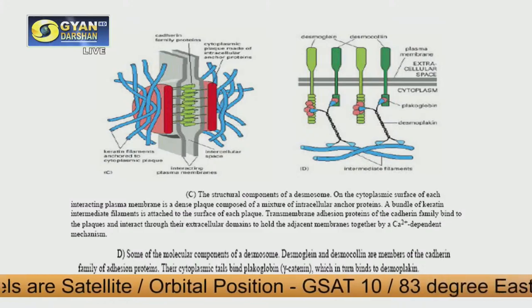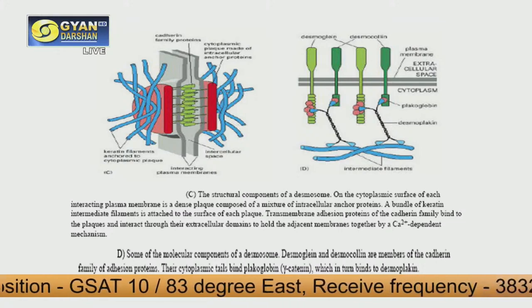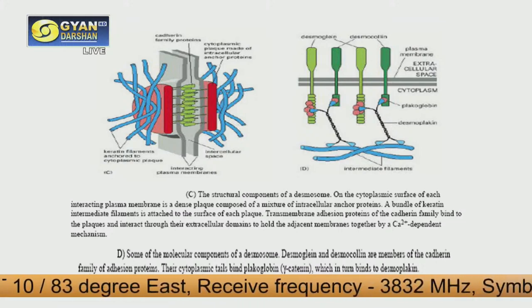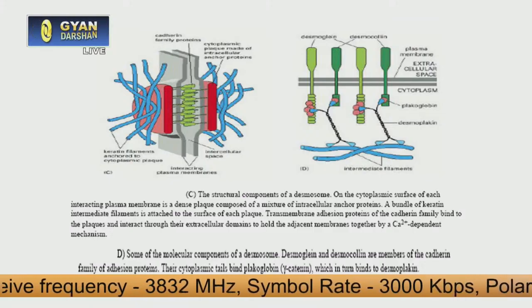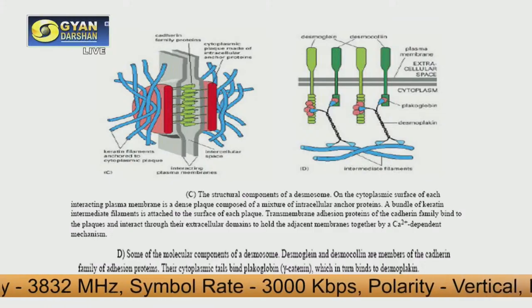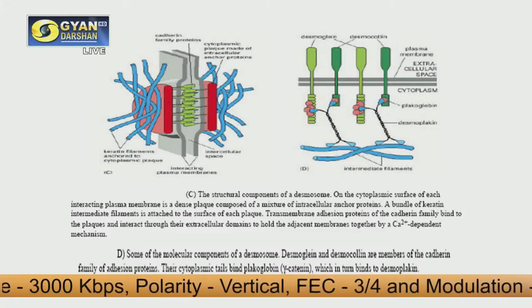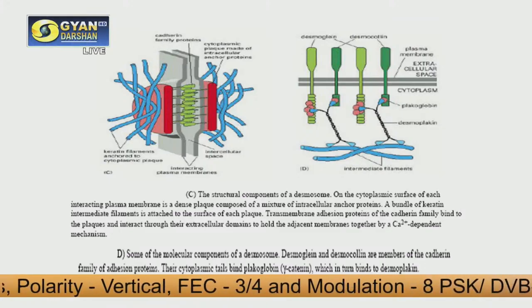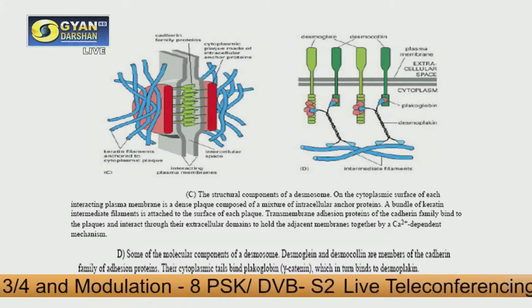So that is how any cell attaches to the intermediate filaments. So the cell attaches with the extracellular matrix, the cell attaches to the actin filaments, the cell attaches to the intermediate filaments. The protein components are named differently.